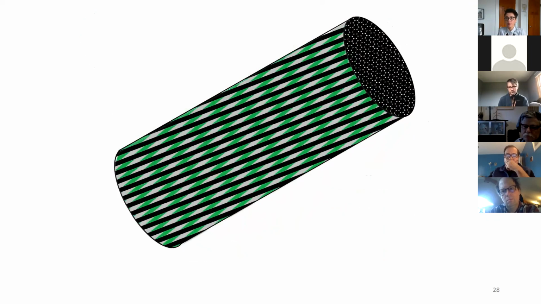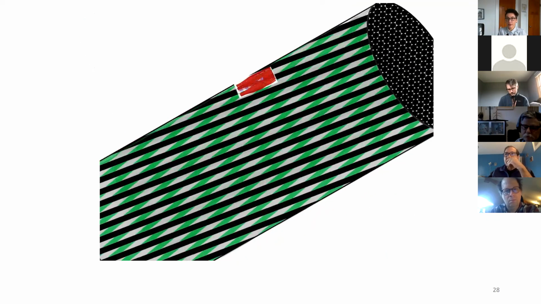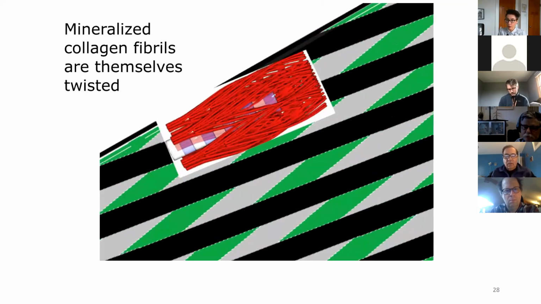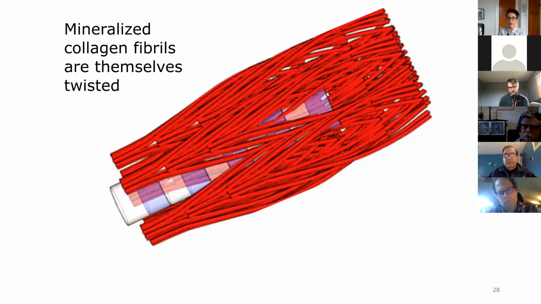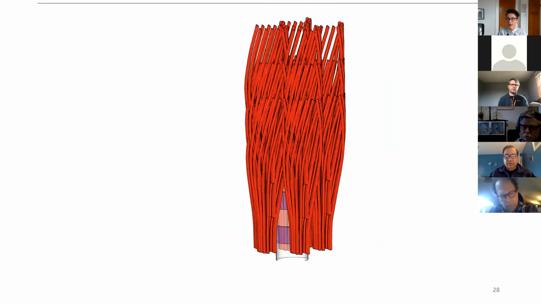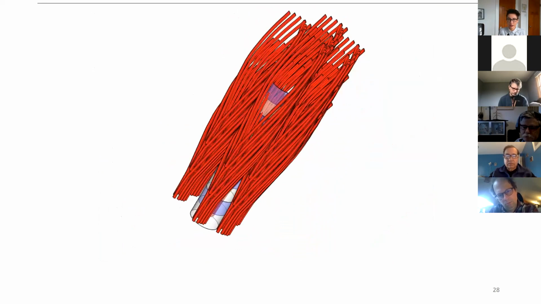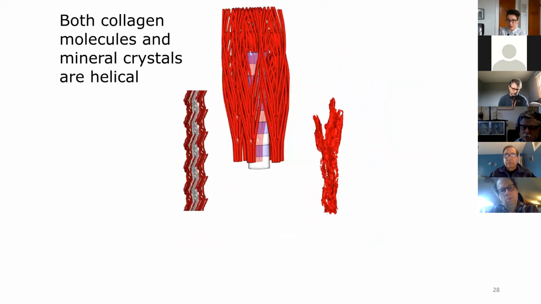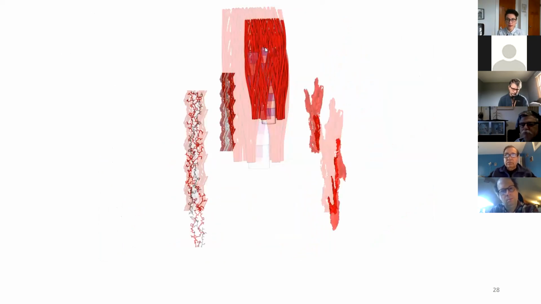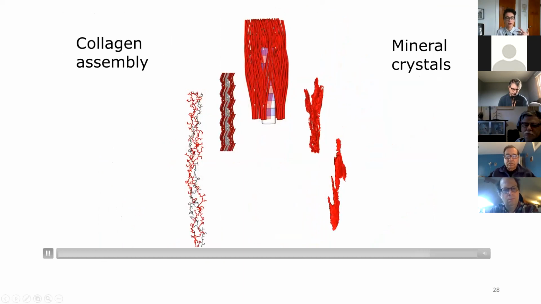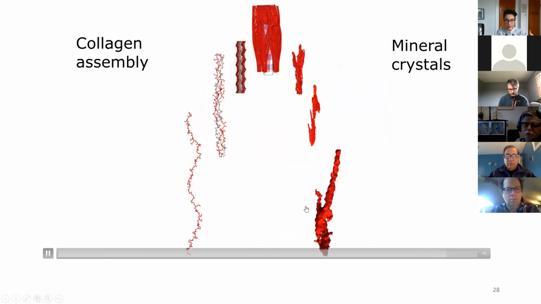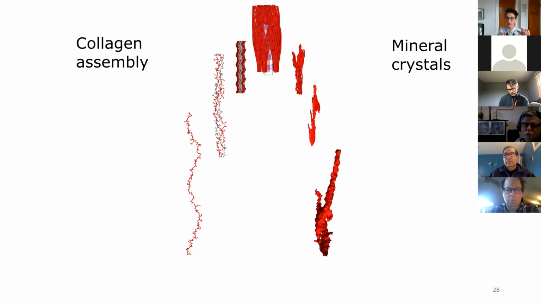Every lamella is made of bundles, and bundles are twisted like loose ropes. And every bundle is made of mineralized collagen fibrils, which are the basic building block of the structure, and it's a composite structure that is made of superhelical microfibrils of collagen that are made of triple helices that are made of helices, and it also incorporates these cross-fibrillar or curved crystals that display a propeller blade-like twist.